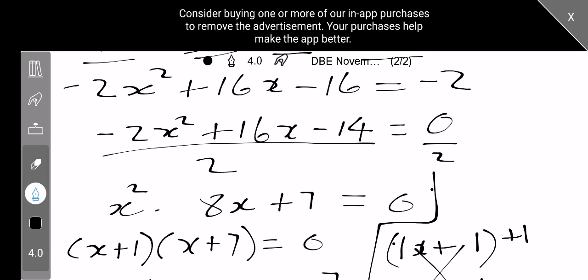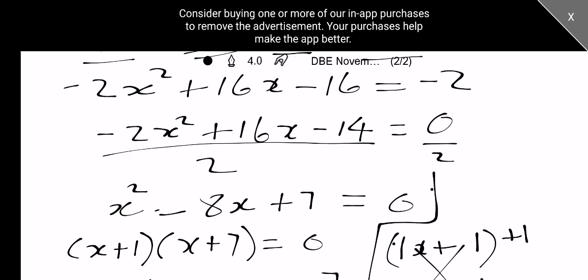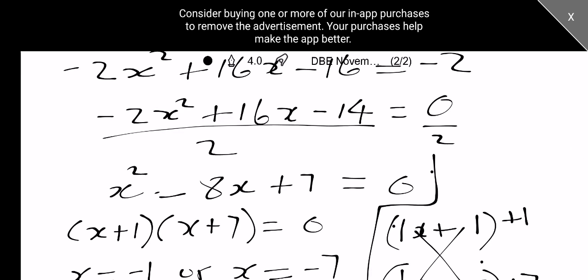It's supposed to be negative 8. Why am I saying that? The reason is that here we have got positive 16x. So when you divide with negative 2, this positive sign is going to change into negative.